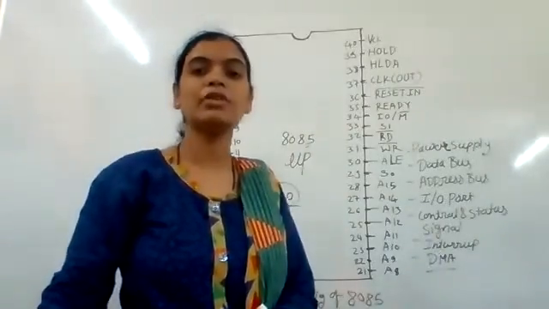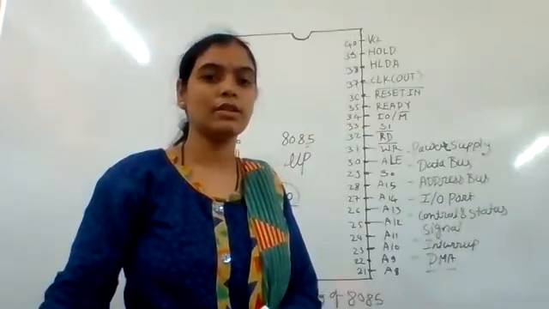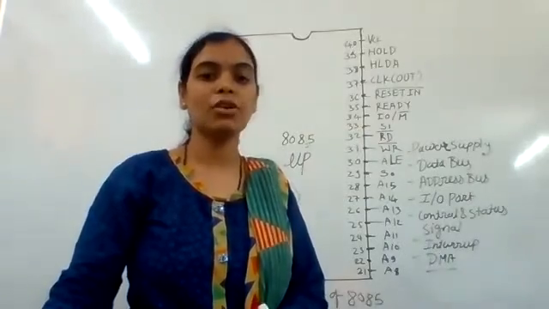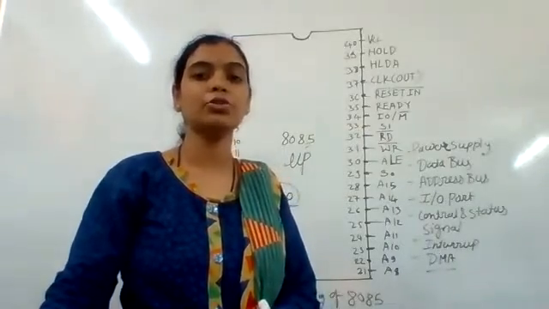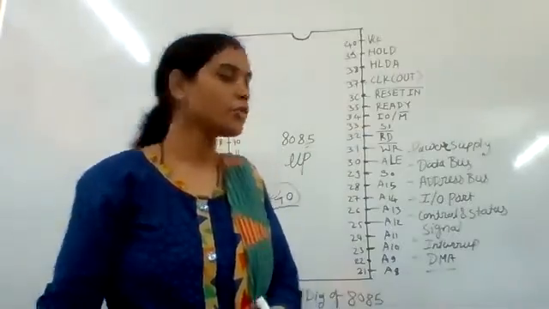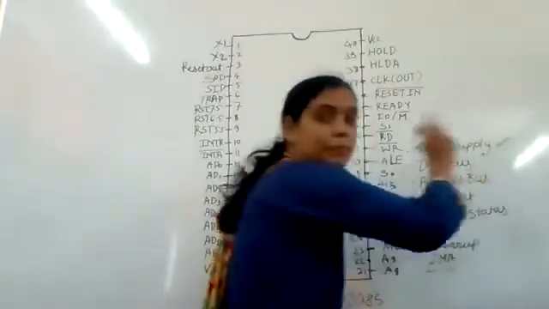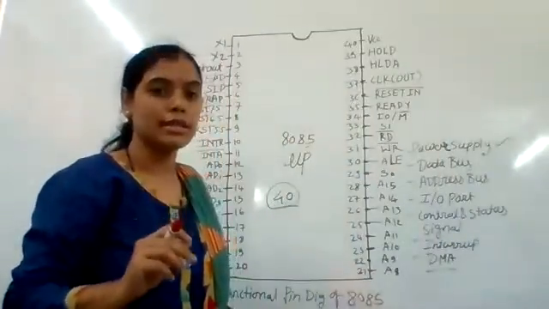First we see the power supply and clock signals. In the 40 pin configuration, 4 pins are allocated to this category.